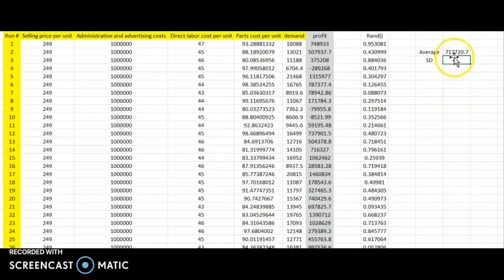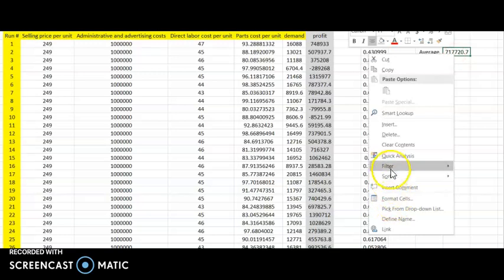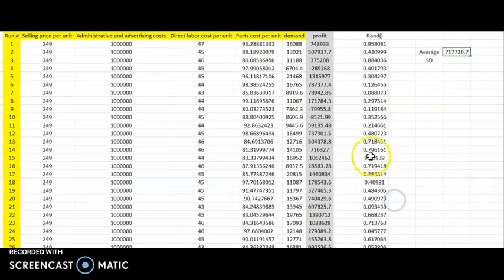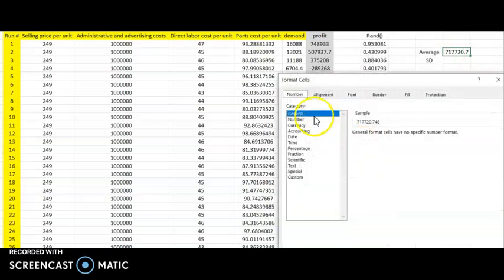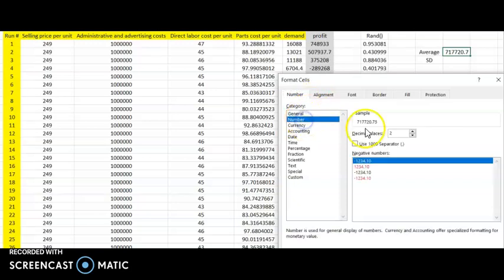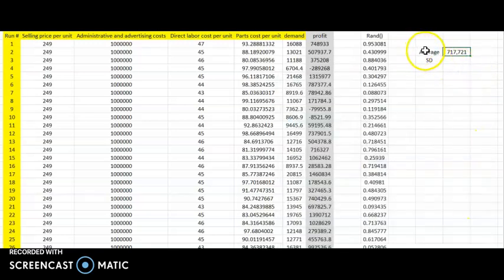And here now we have the average of profit that they are gonna make. Let me put that separators so you can see it better in front of you. Number 0, use this, and now it's gonna be better.